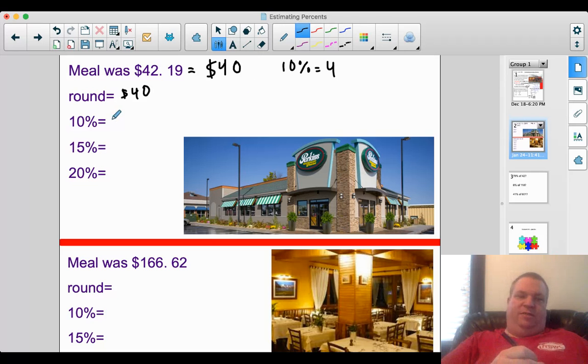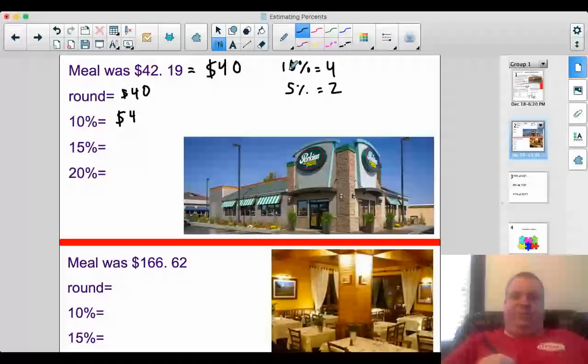So if I want to leave a 10% tip, I'm going to leave $4. If I want to leave a 15% tip, remember 15% is just 10% plus another 5%. Well, let's find out what 5% is. If 10% is 4, 5% is half of that. So that's just another 2. So 15% would be 4 plus another 2, so $6.